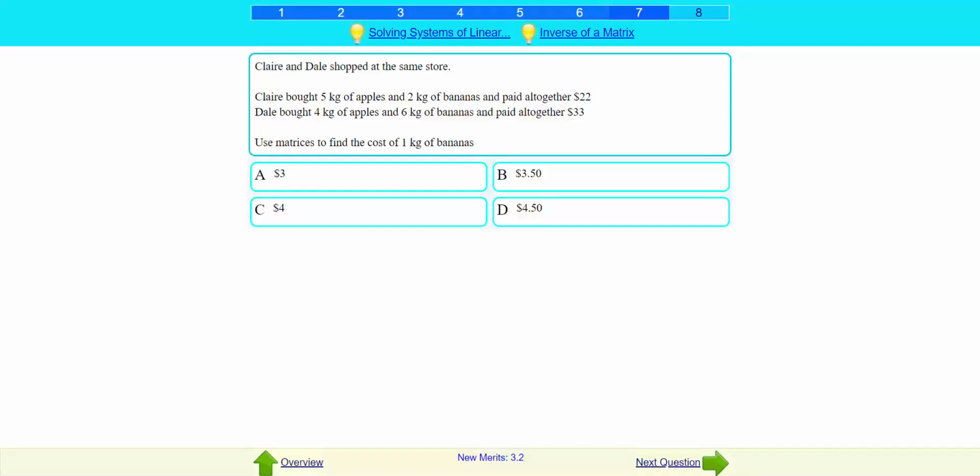So in this case, we try to solve this matrix the way we usually do it. So we have 5, we have 5A.